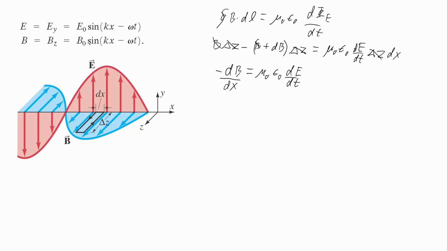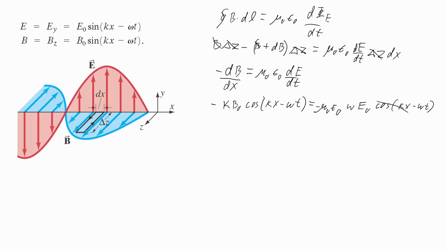And now we'll do what we did before. We're going to take the derivative of the B field with respect to x this time. And I've got a negative here, so I'm going to get, pulls out a k, and then I've got a B naught, becomes cosine of kx minus omega t. Still have my constants out in front here. And then dE dt, this is going to pull out a negative omega. I'll put the negative sign up there, and then I've got omega E naught cosine of all of this stuff.